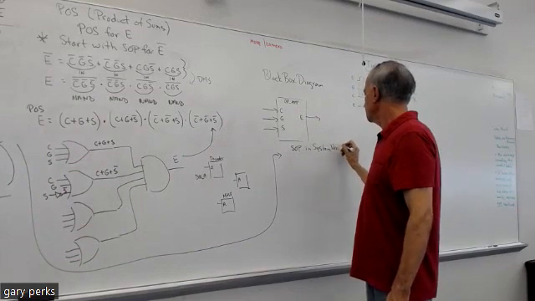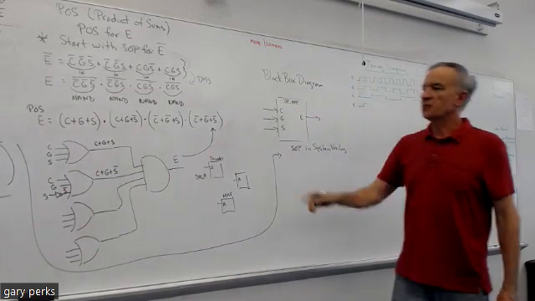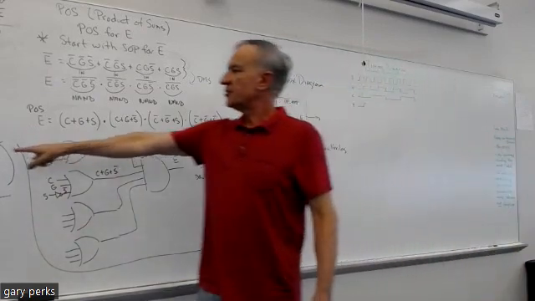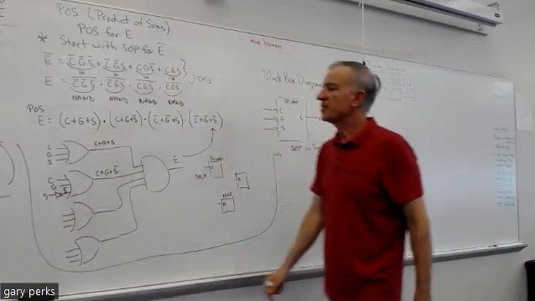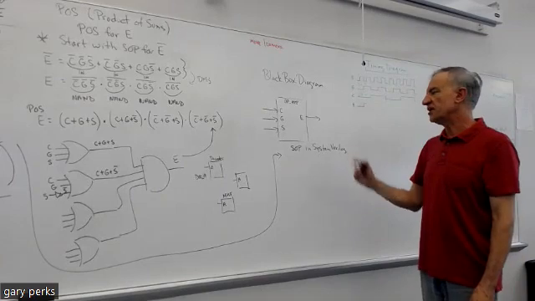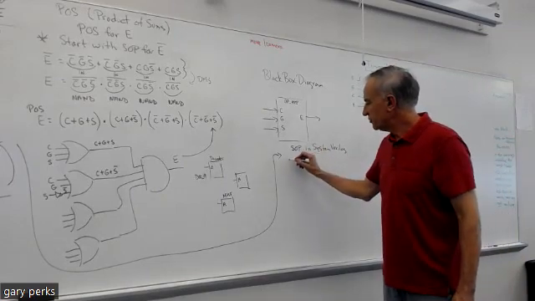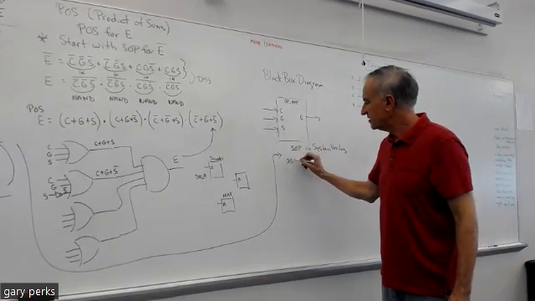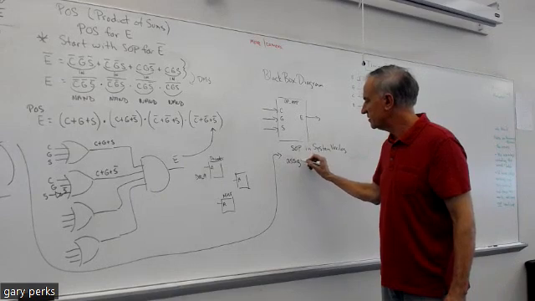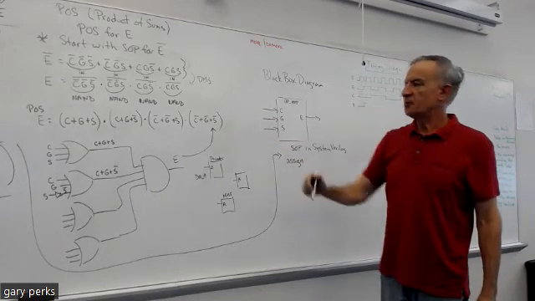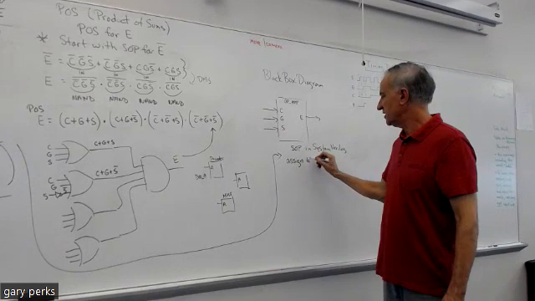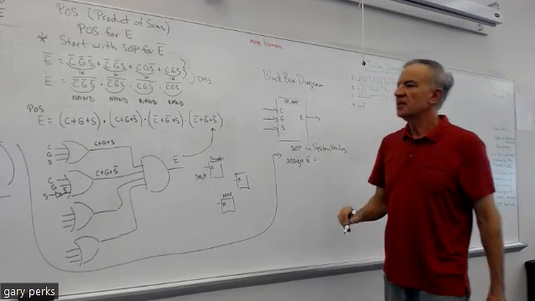You're going to have to do this for lab 0. We want to write this SOP Boolean equation as a System Verilog equation. The way you would do that is we use what's called the assign. You would type assign, and then you put the output of E, and then equals.